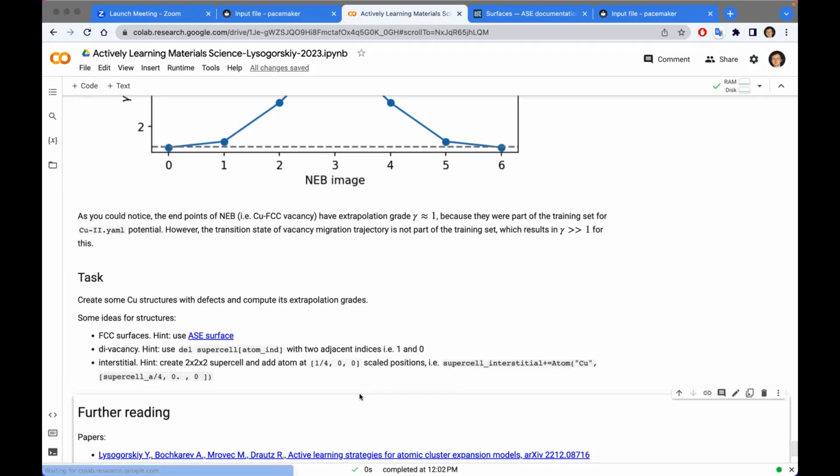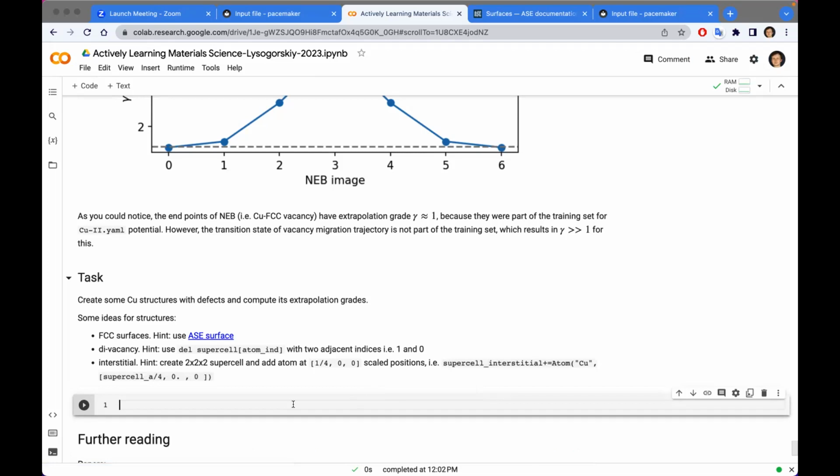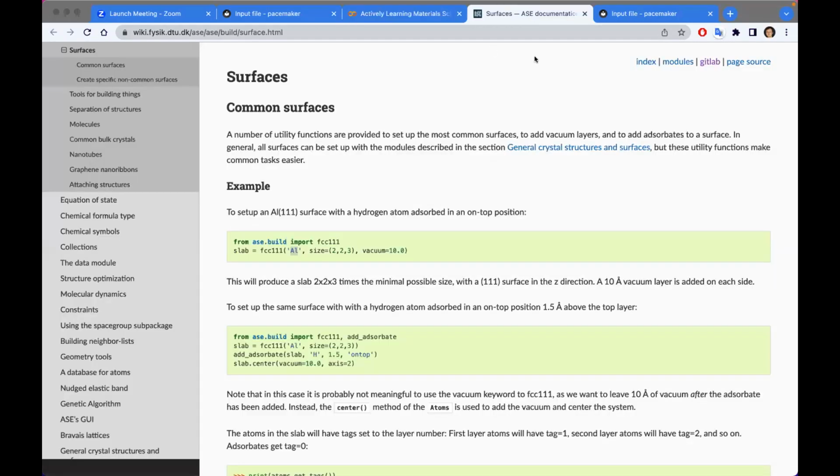I think I can start with the first one, the FCC surface, just to show what we should expect. So for example, from ASE.build import surfaces. Okay, just copy this.